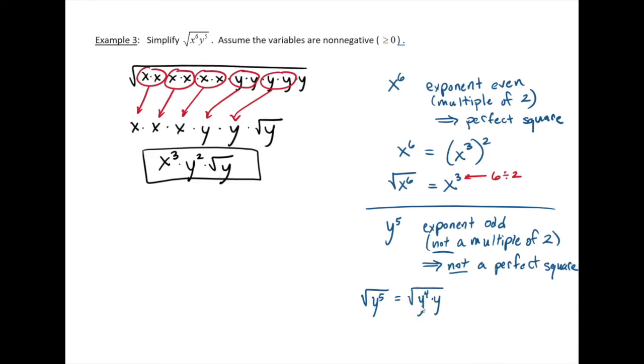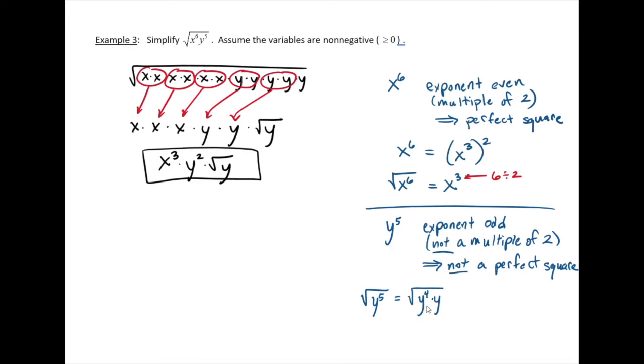That will give us y to the 4th power times y. When we multiply y to the 4th times y to the 1, we add the exponents to get y to the 5th. So anytime we start with an odd exponent, if we factor out a single factor of that variable, we will be left with an even exponent, exactly one less than the one we started with.